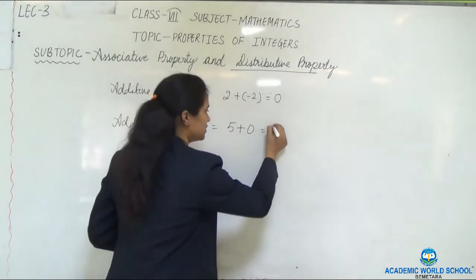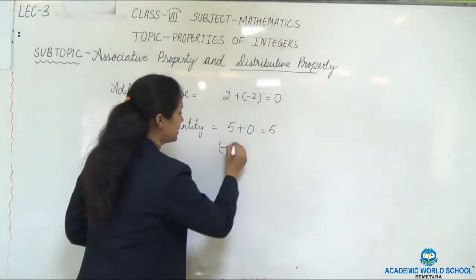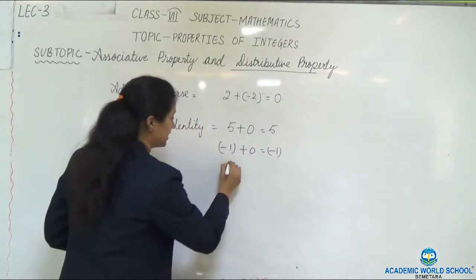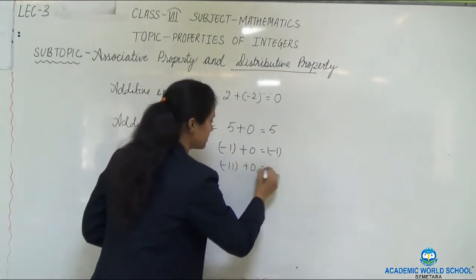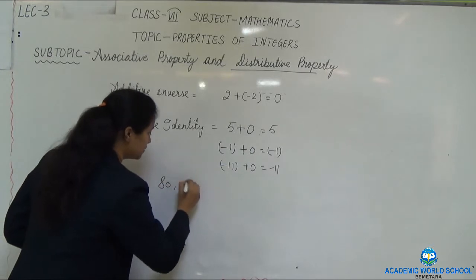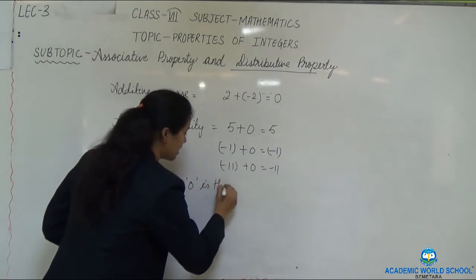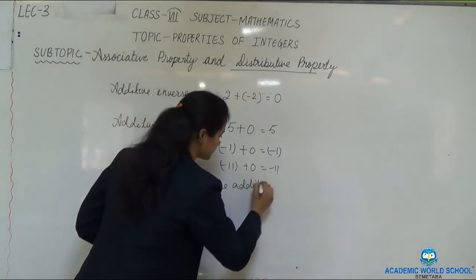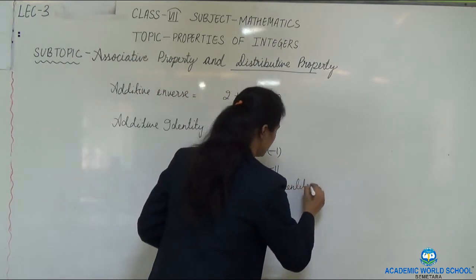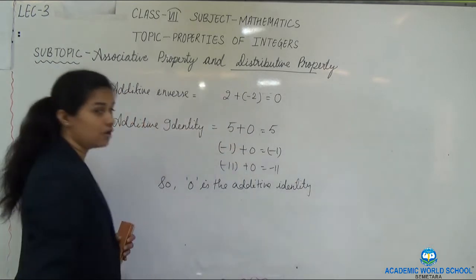So 5 plus 0 gives us 5. Minus 1 plus 0 gives us minus 1. Minus 11 plus 0 gives us minus 11. So 0 is the additive identity of any number.